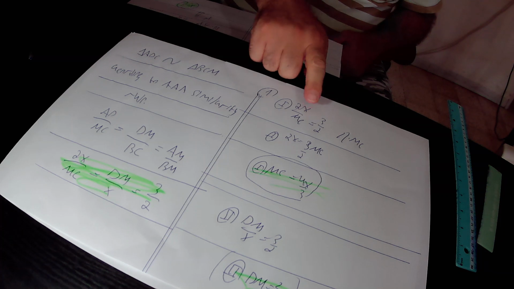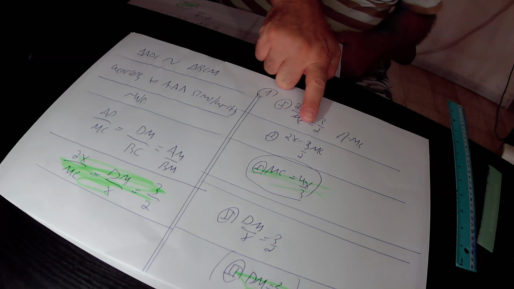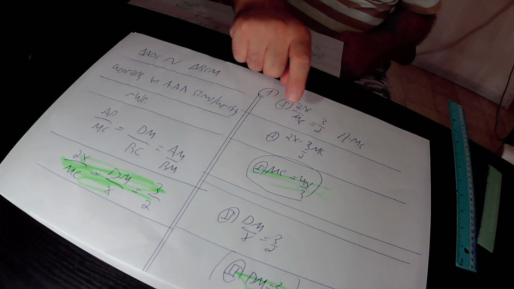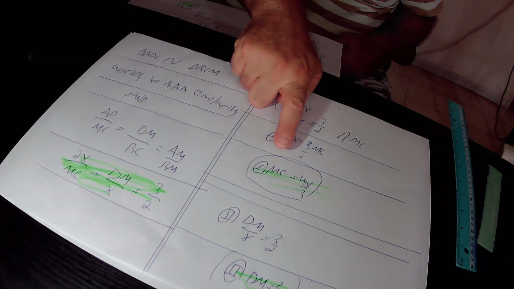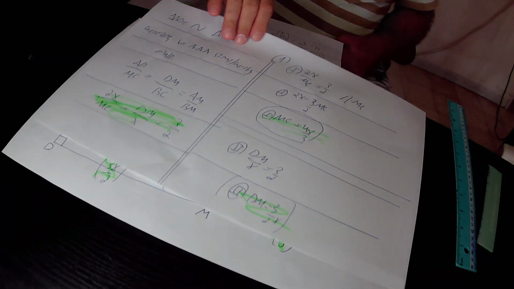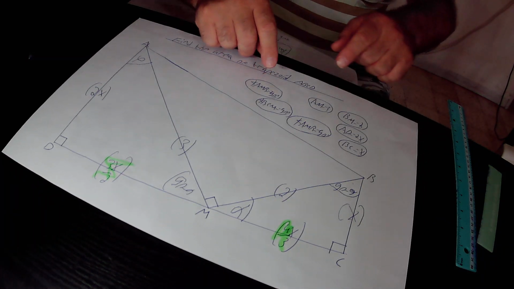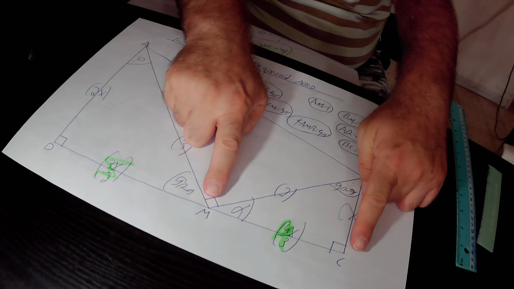Here we multiplied this equation by 2, and then divided it by 3 simultaneously, and finally found that MC equals 2 times 2x, that is 4x over 3. Again, MC according to equation 1 equals 4x over 3.